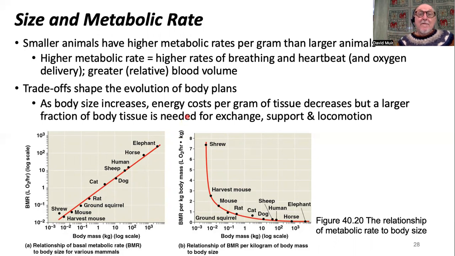So the reason that there's such a high overall demand in the elephant, the reason that the basal metabolic rate here needs to be so much higher, is because the elephant's size is so much greater. But it's extremely interesting that this is a straight line. When this is plotted on a log-log scale, it is a straight line.